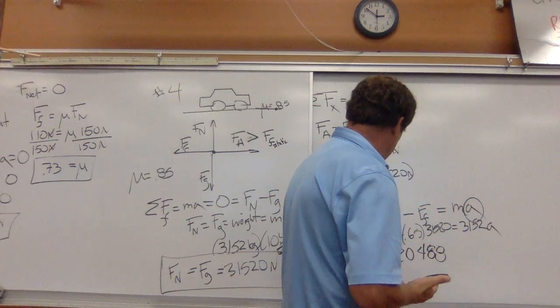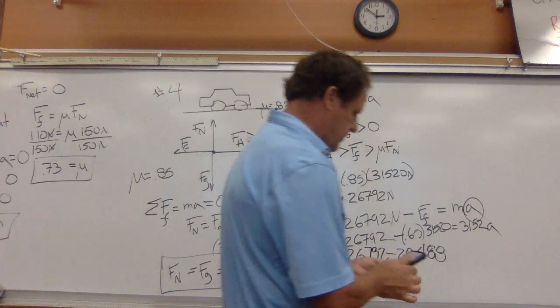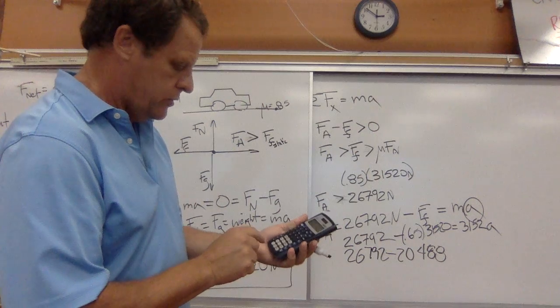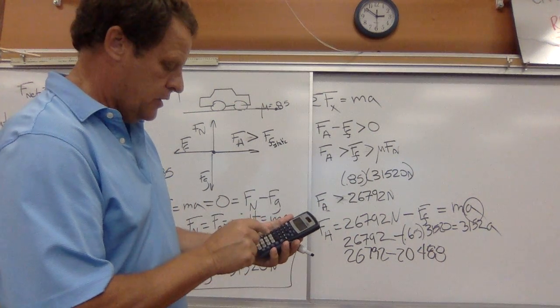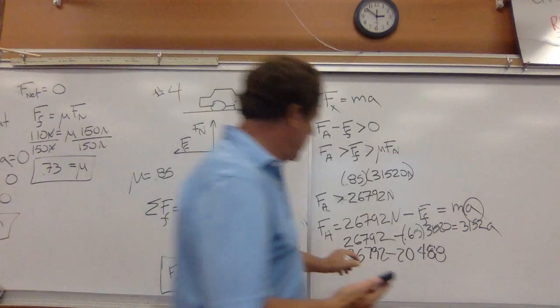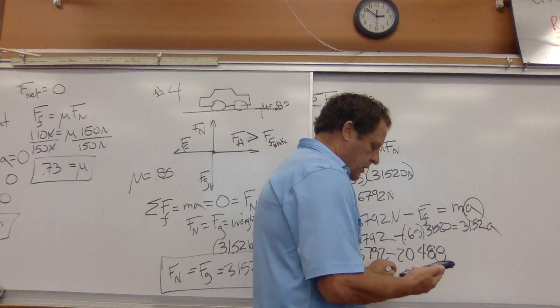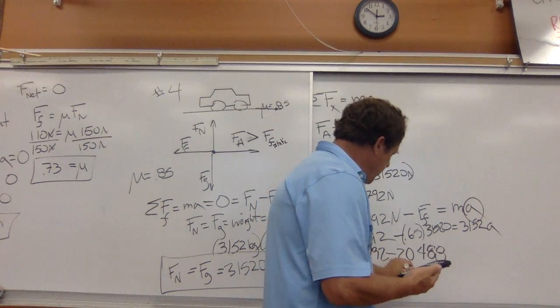Okay, and that's a minus 26,792. And we're going to take 26,792 and subtract that. So that means the sum of the forces here is going to equal 6,304.